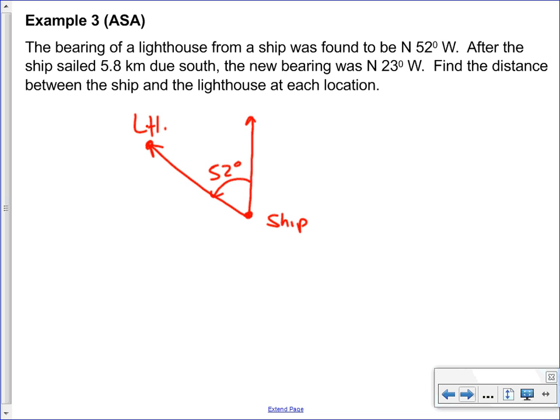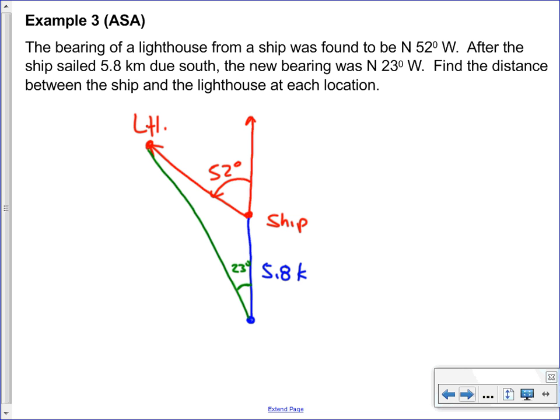After the ship sailed south for 5.8 kilometers, the bearing from the ship to the lighthouse is now north 23 degrees west. So north 23 degrees, right here.